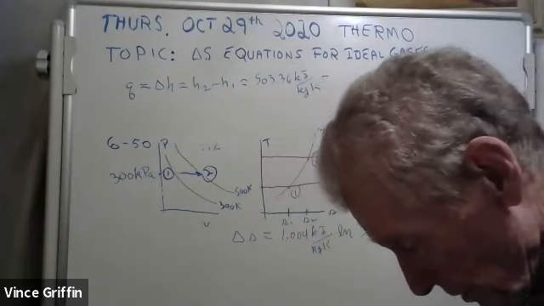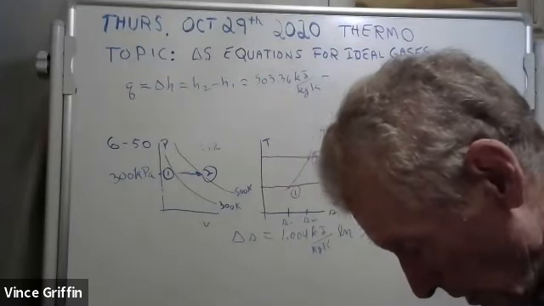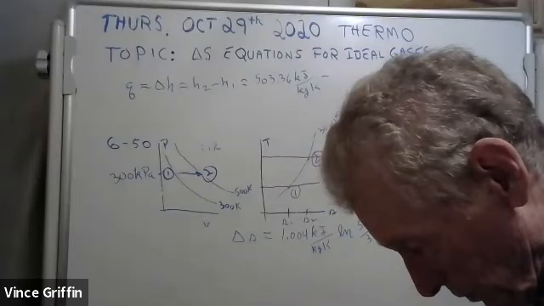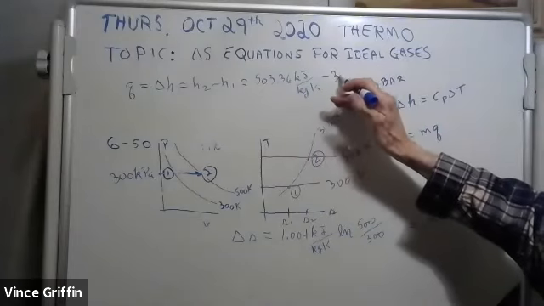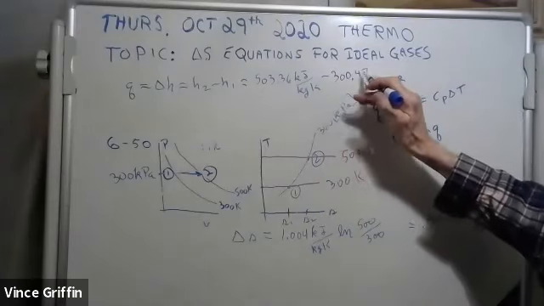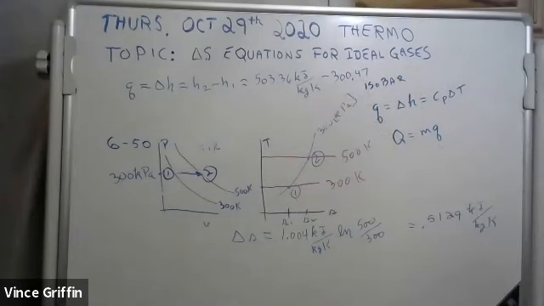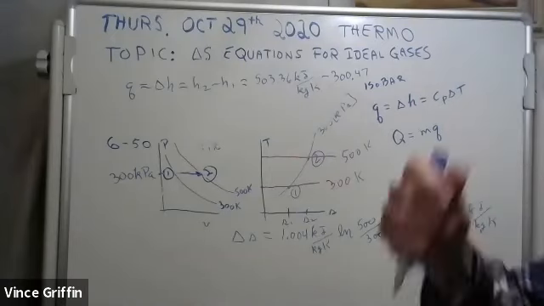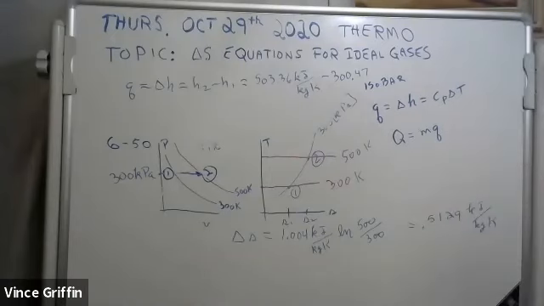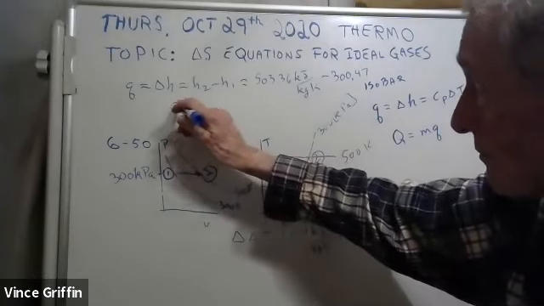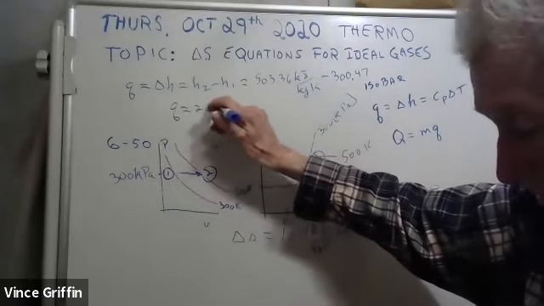And H1 at 300 is 300.47, same units. Now, if you subtract those, 503.36 minus 300.47, you'll get a little Q of 202.8.